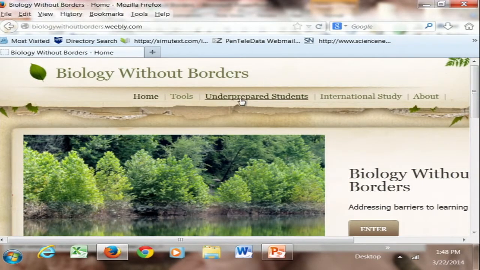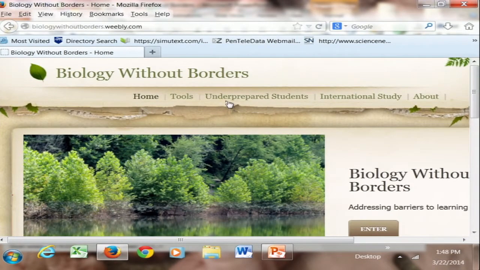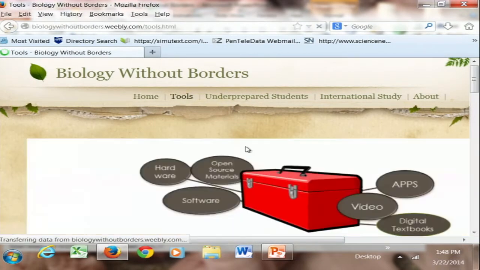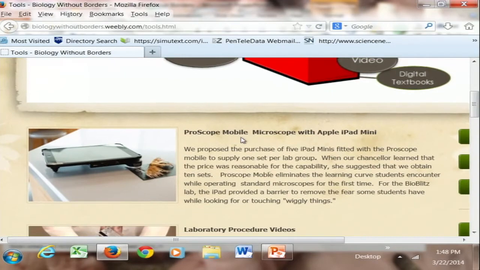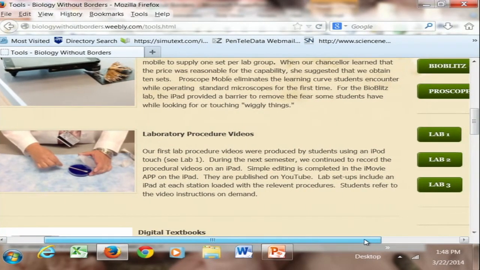Yeah, but they meet, and here's our little Weebly that we put together. So that actually Eileen put together. So here's where all the tools are. Hey, I give credit where it's due, Eileen. Okay, so here's where all of the different links are.